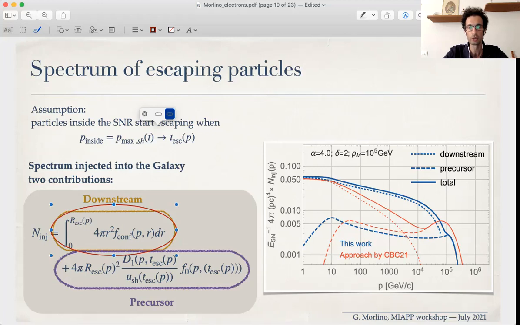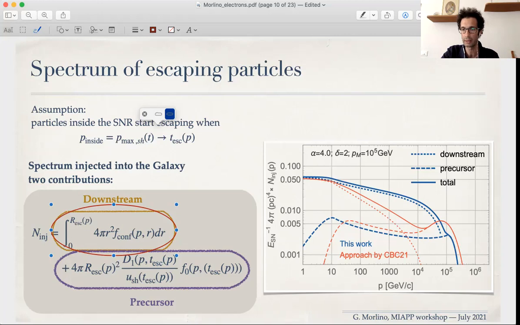Then there is an additional contribution coming from particles located inside the cosmic ray precursor. And this can also be relevant, especially for the highest energy particles. You see on the right side a plot showing the downstream contribution and the upstream and precursor contribution. Look at the solid blue lines.